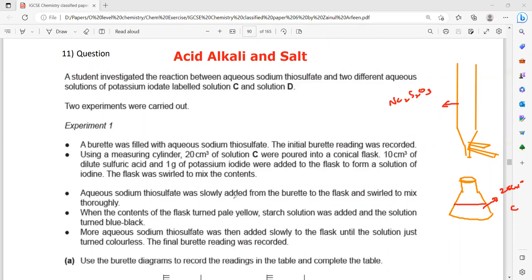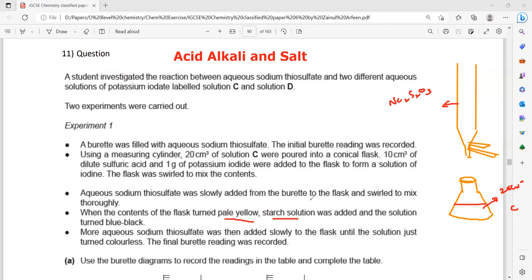Aqueous sodium thiosulfate was slowly added from the burette and the mixture was swirled. When the contents of the flask turned pale yellow, light yellow, we added starch. What is the purpose of the starch? Starch is used as an indicator.